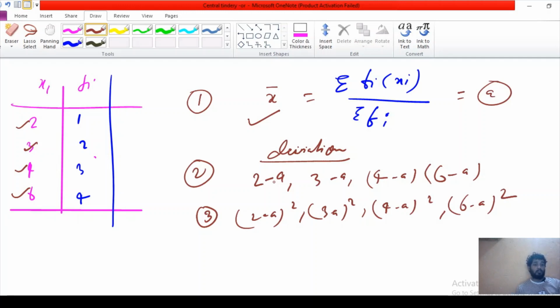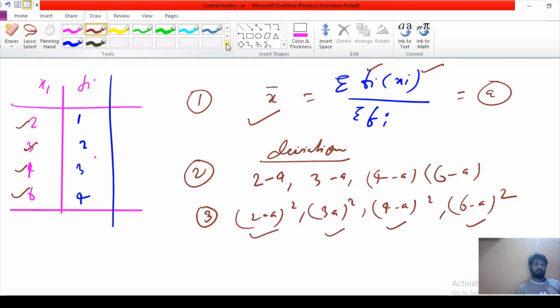This one is grouped data, a discrete frequency distribution. For a discrete frequency distribution, we have a formula. Here the new observations are 1, 2, 3, 4, and each has a corresponding frequency.